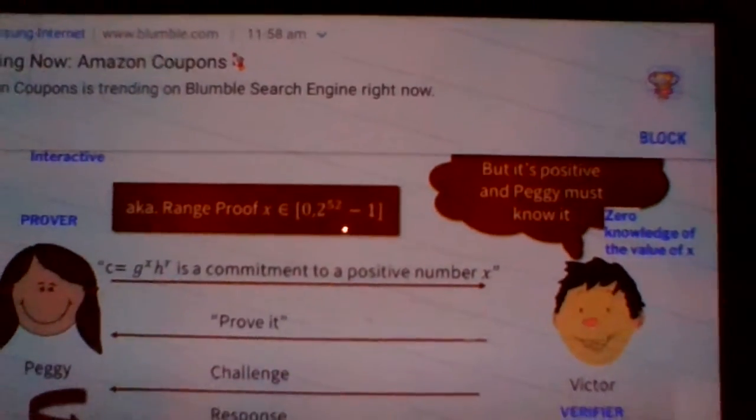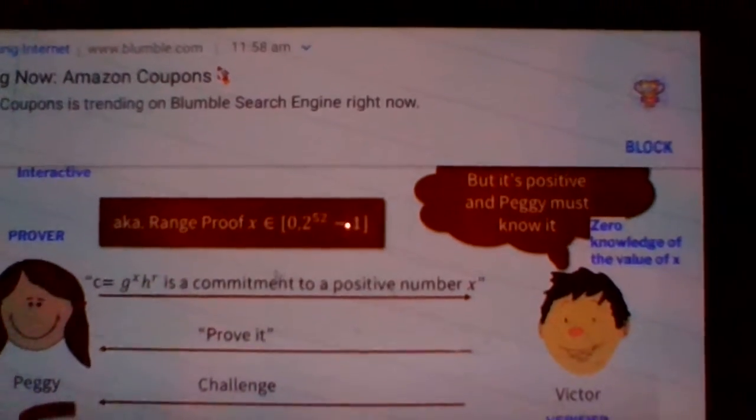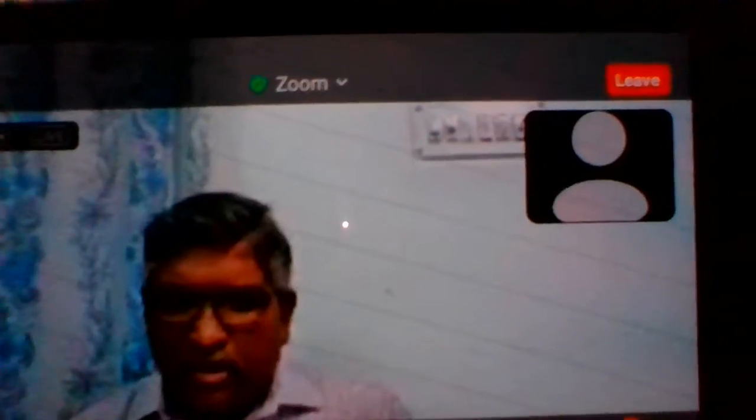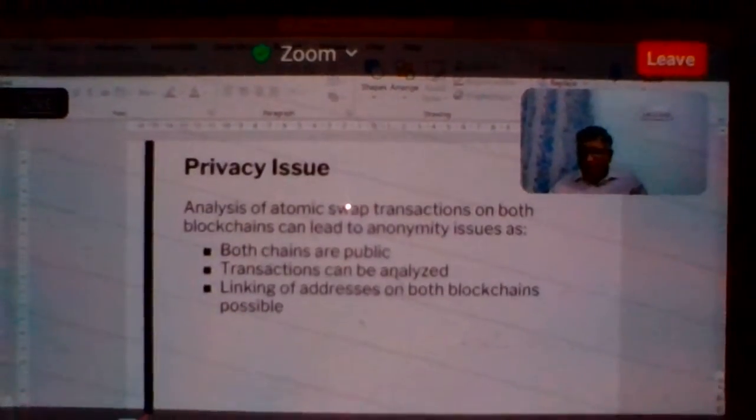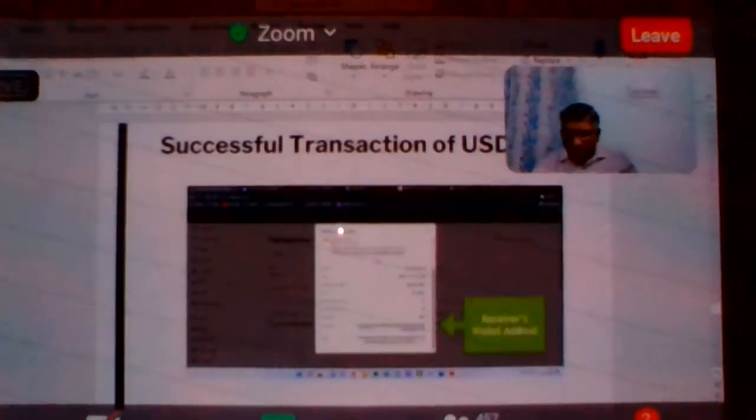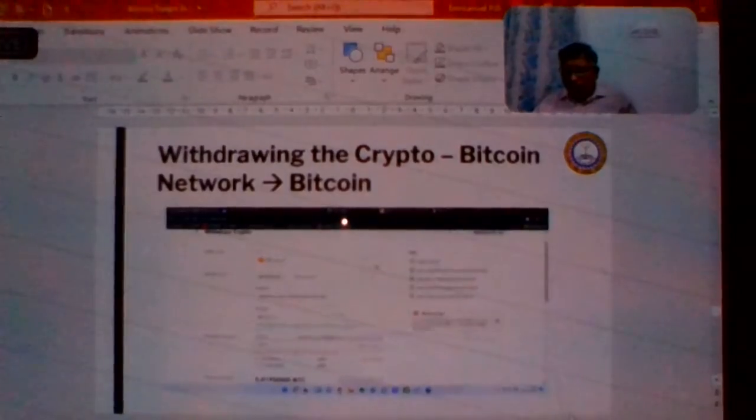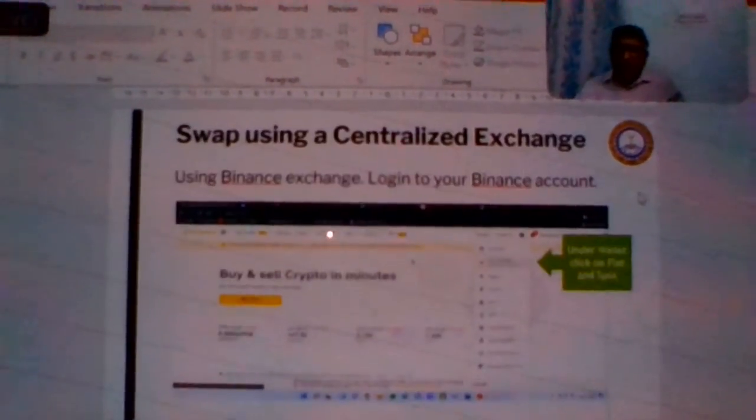So let me go to the next aspect, that is atomic swaps. It is another interesting aspect as we look at it.